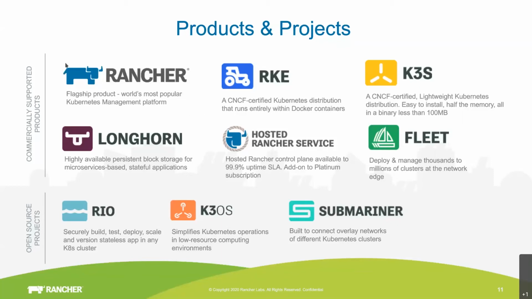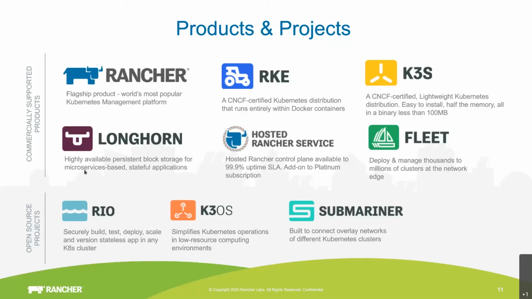The other component that I just finished talking about is the management platform, which we call the Rancher MCM, the multi-cluster manager. That's the Rancher flagship product that allows organizations to manage a disparate, large number of Kubernetes clusters, regardless of where they're at. That also will be coming to Z.